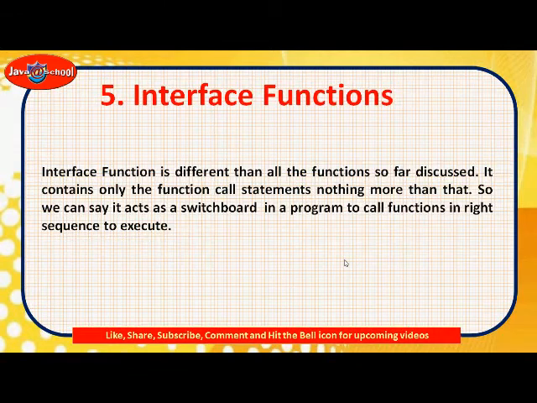So we can say it acts as a switchboard in a program to call the functions in the right sequence to execute them. Okay. So it has sequential function calling only inside the body of the interface function. Okay. So we wind up here.